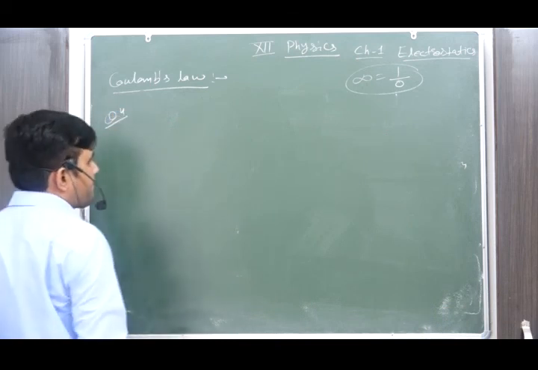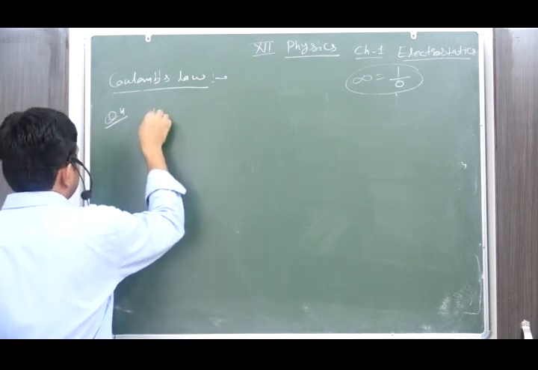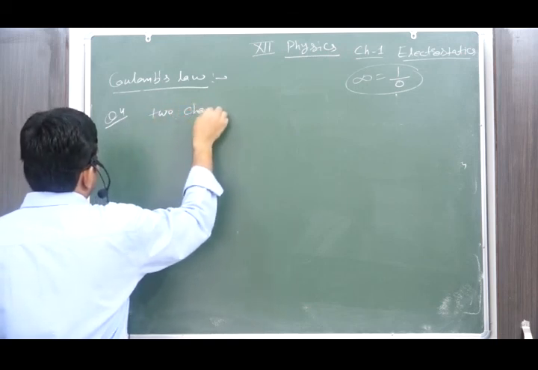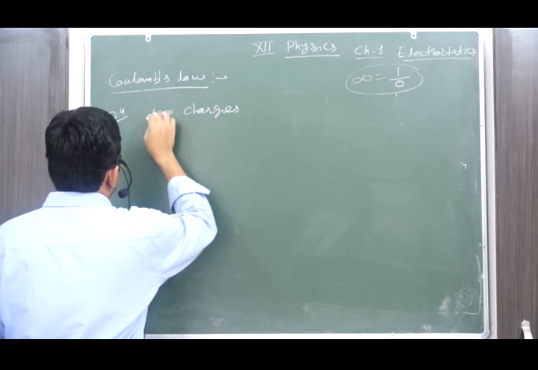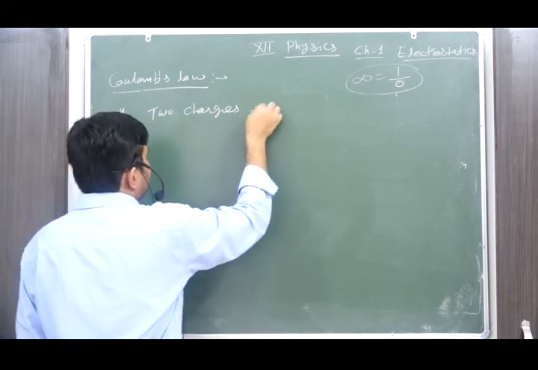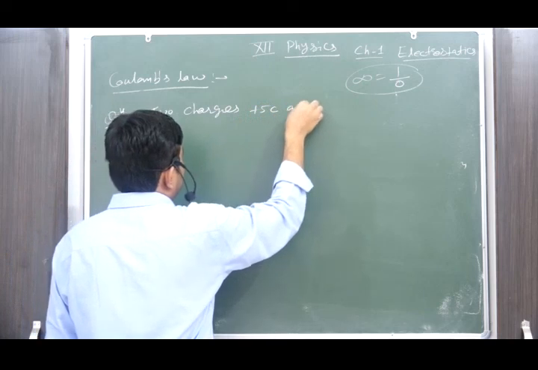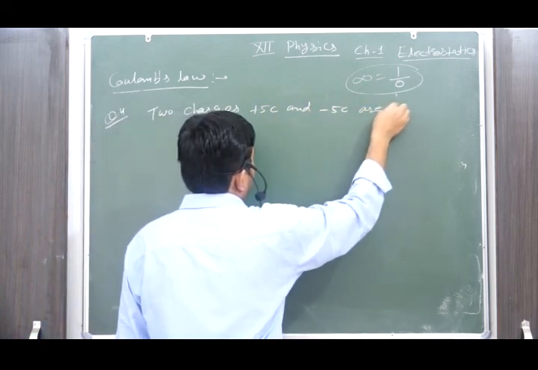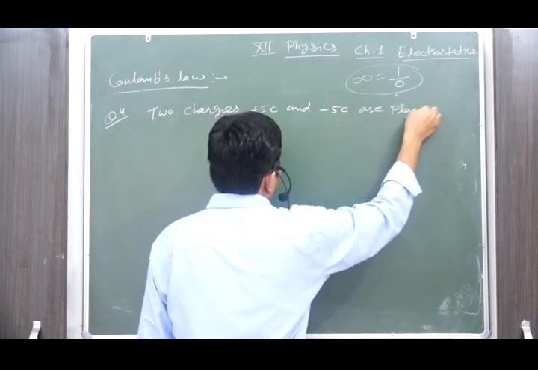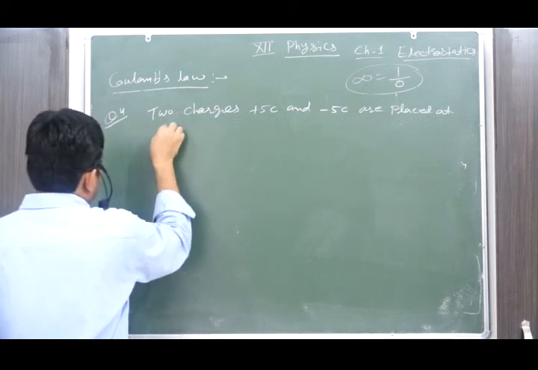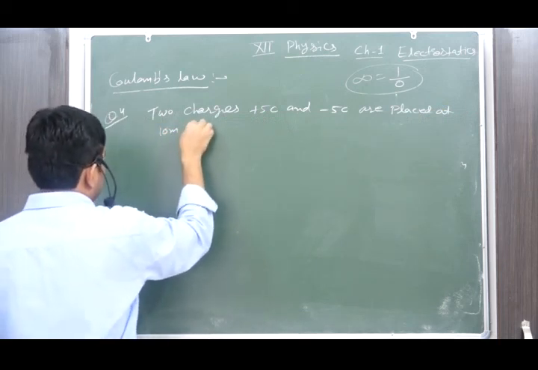Next question, number 4. Two charges, plus 5 coulomb and minus 5 coulomb, are placed at 10 meter distance.